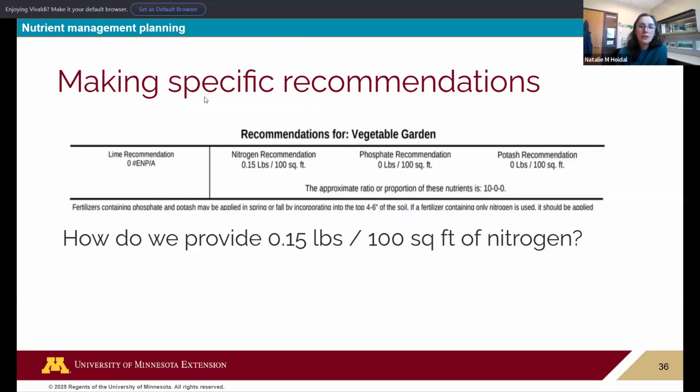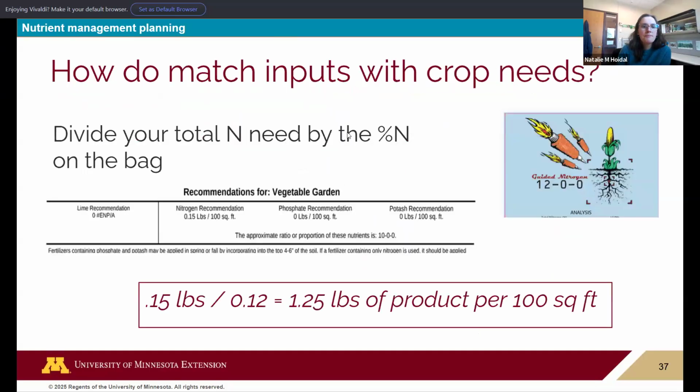Here's an example of what it would look like for a vegetable garden. So this soil test is saying 0.15 pounds of nitrogen per 100 square feet. If you're growing in like small raised garden plots, I think this is a lot easier than trying to come down from pounds per acre. So how do we actually do that? Basically, you are going to divide the total amount of nitrogen that you need by the percentage of the nutrient in the product.